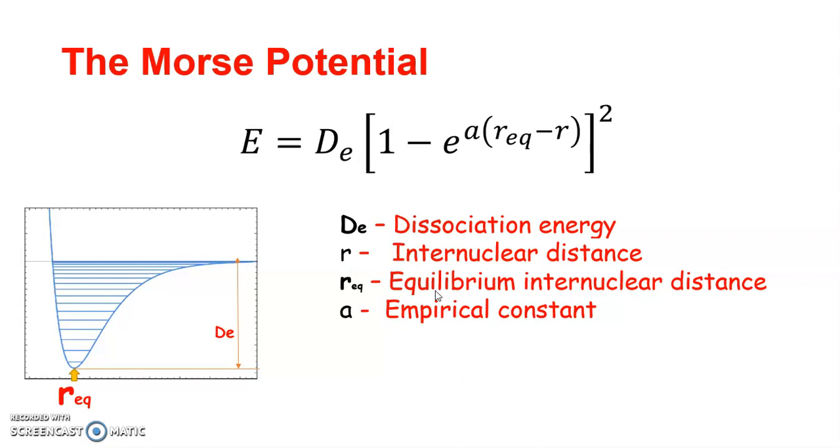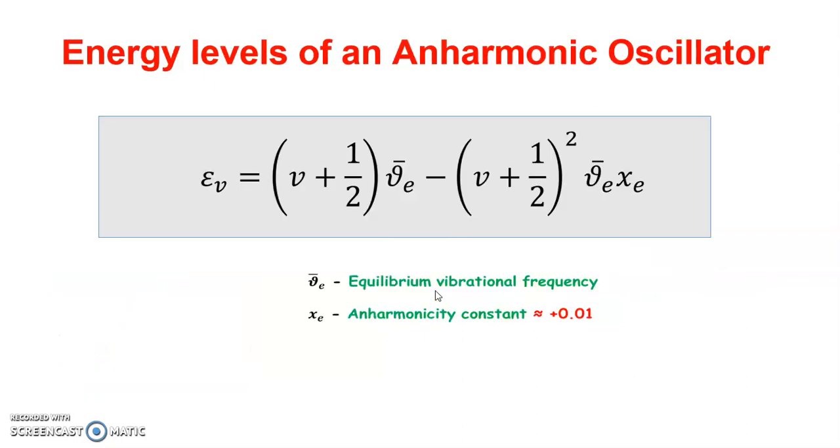When this equation is used in the Schrödinger equation, the new allowed vibrational energy levels are given as epsilon_v equal to (v plus half) ν̄_e minus (v plus half) whole square ν̄_e χ_e.